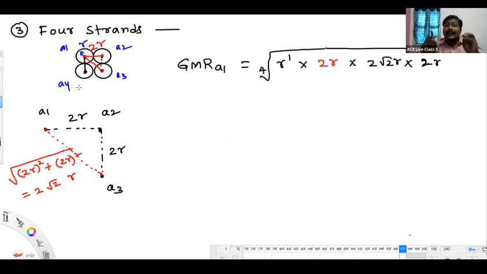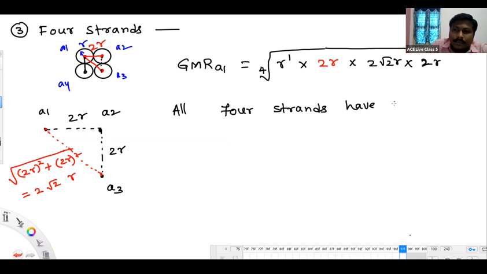All 4 strands have equal GMRs. Therefore, the GMR of the stranded conductor is nothing but the GMR of strand A1.